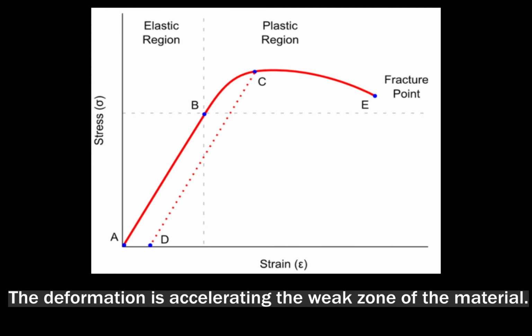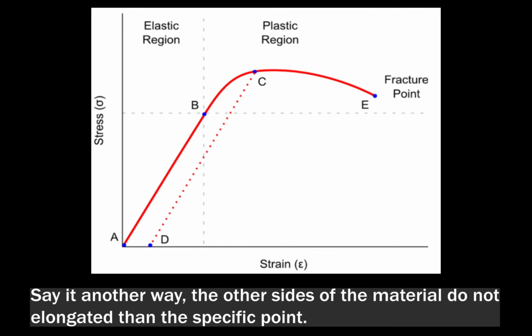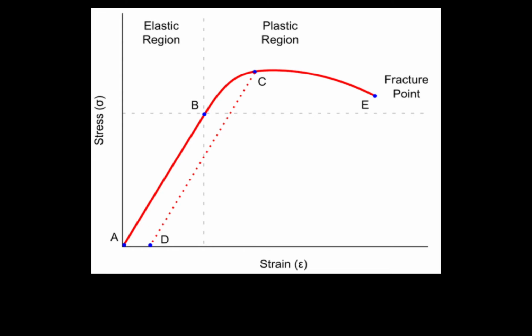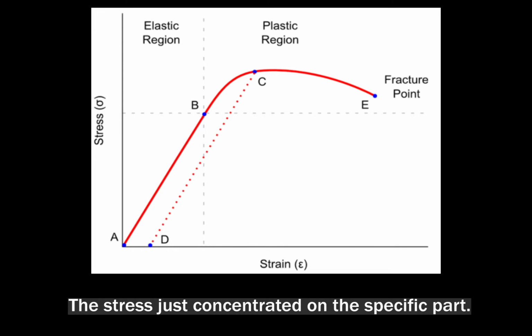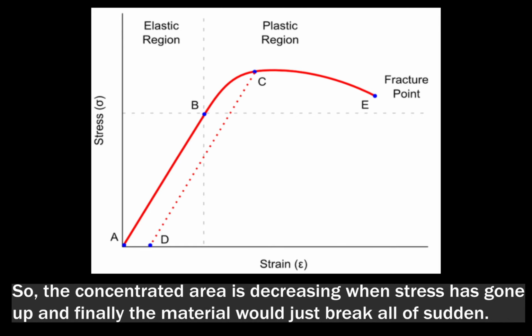The deformation accelerates in the weak zone of the material. Say it another way, the other sides of the material do not elongate more than the specific point. The stress has just concentrated on the specific part. So the cross-sectional area there is decreasing while the stress goes up, and finally the material just breaks all of a sudden.